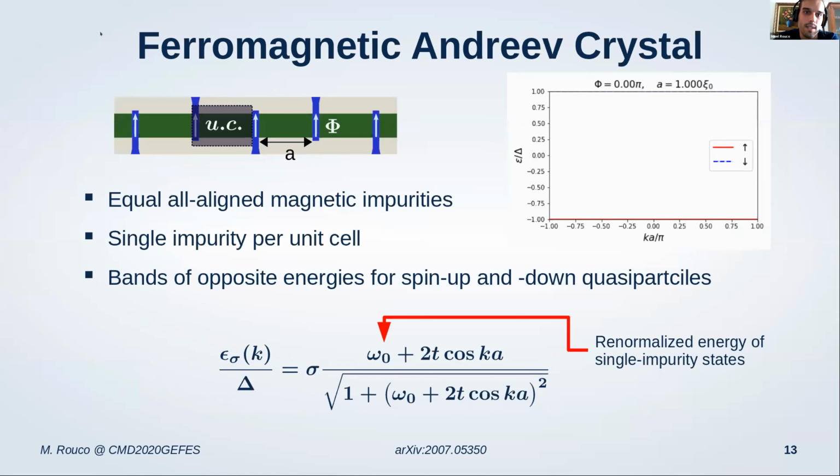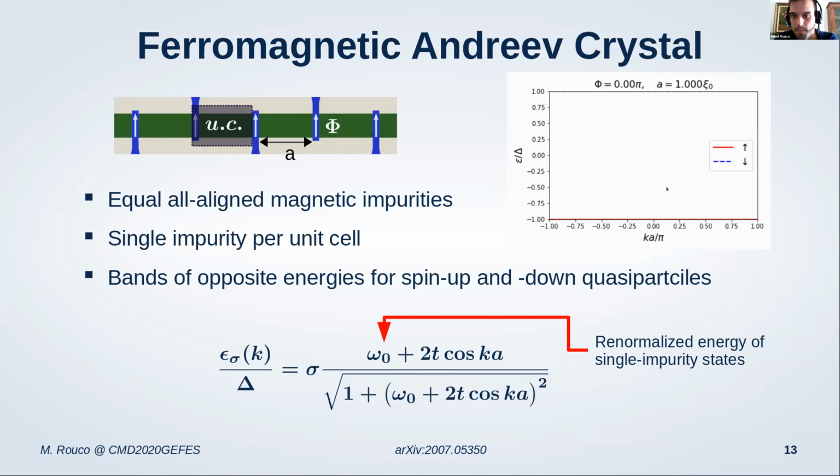We can start by considering ferromagnetic Andreev crystals, where all the magnetic impurities are equal and all aligned in the same direction. We have a single impurity per unit cell in such a system. And in the spectrum, we obtain two different bands with opposite energies. Each one corresponds to one spin orientation, spin up and spin down.